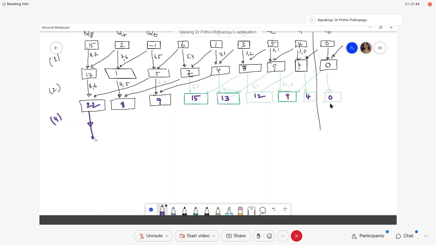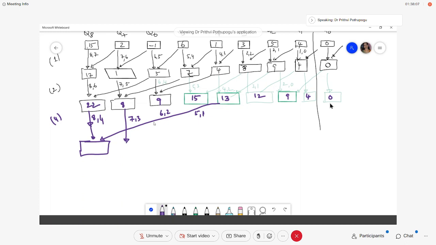It should be talking with a distance of 4. And this fellow, that means 8 will be talking with 4. 7 will be talking with 3. 6 will be talking with 2. And 5 will be talking with 1.